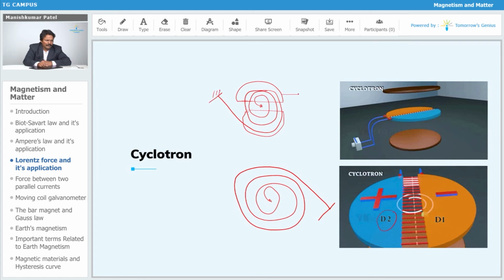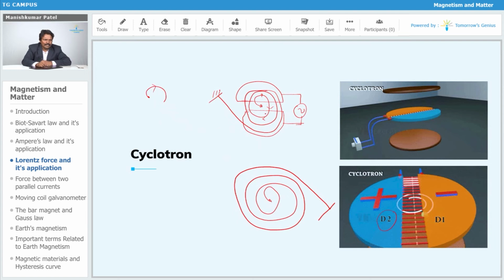At the same time you have to apply an external supply, and make sure that the frequency of this external source matches the motion of the charged particle.